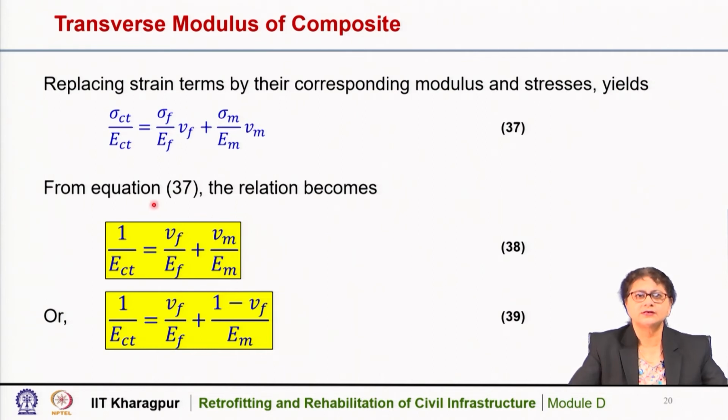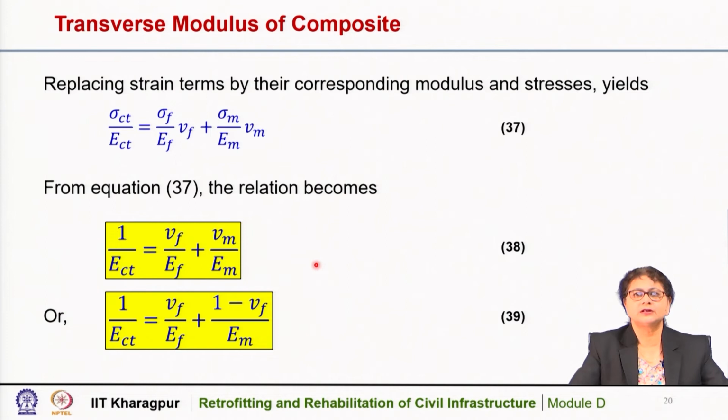So, this is the equation that can be used to determine the elastic modulus of the composite in the transverse direction. It is derived from the elastic modulus of the fiber phase and the matrix phase, and by knowing their volume fractions.